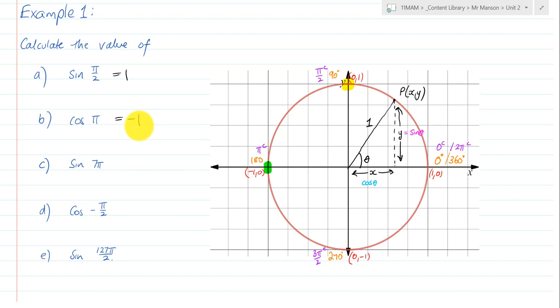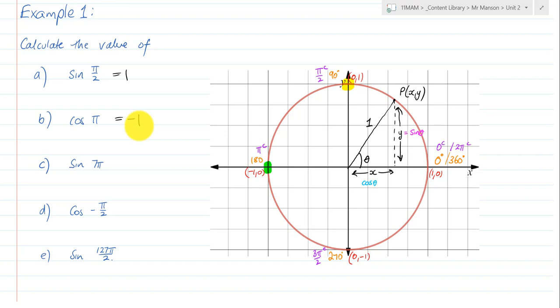Starting here, it's 1, 2, 3, and then back to 180. So 7 pi is 3.5 times around the circle. It's equivalent to what? -1. Say it again, sir? -1. It is equivalent to -1. Cos of 7 pi is equivalent to -1.